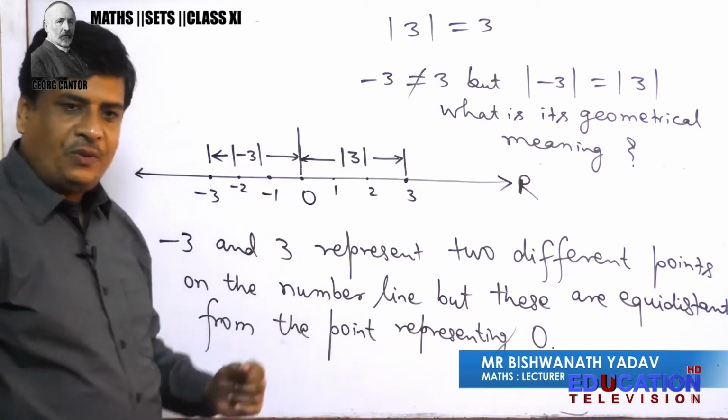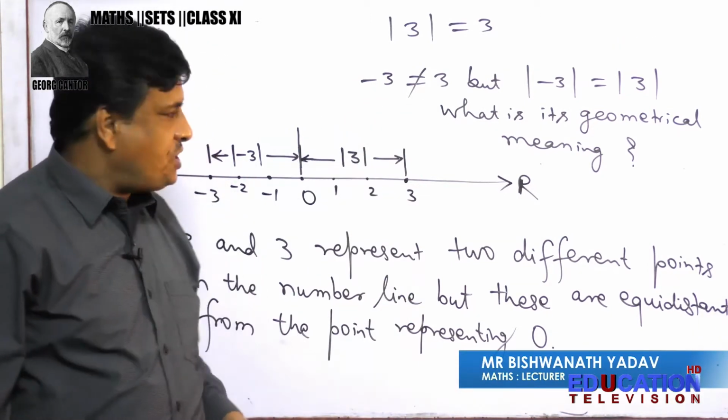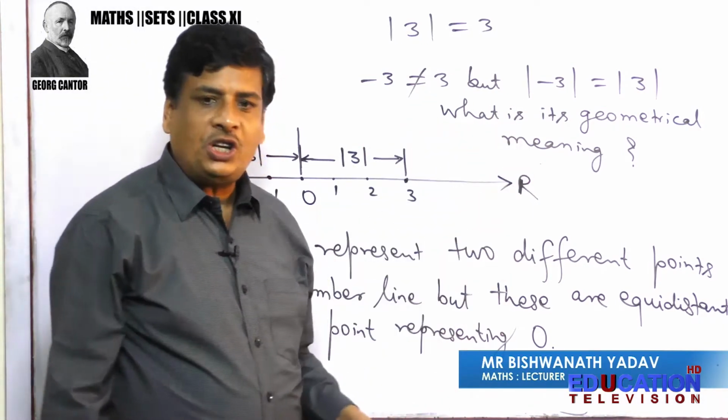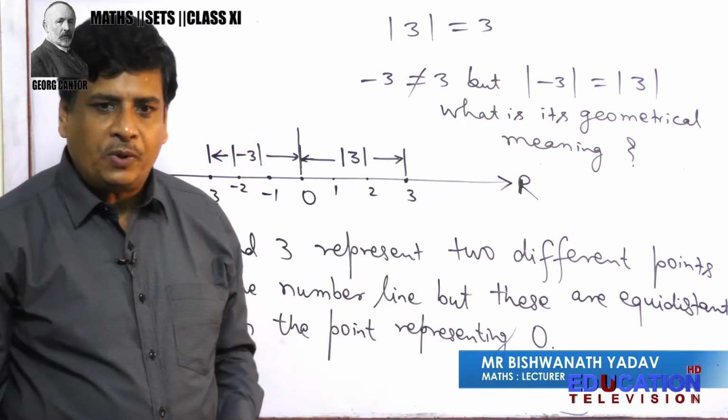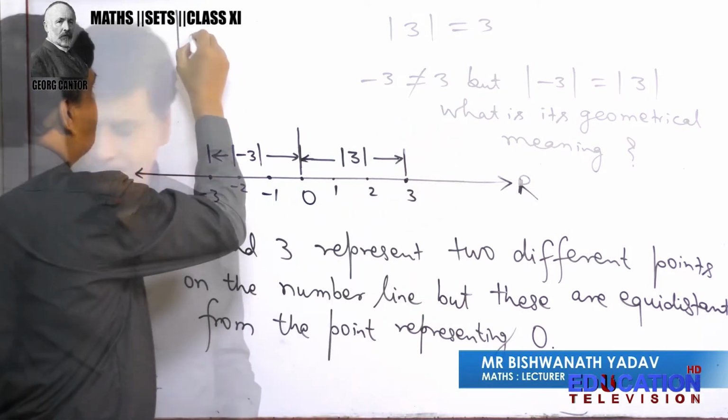So that we observe in this figure, and it is represented like this. Minus 3 is different from plus 3, but modulus of minus 3 is equal to modulus of plus 3. So this is the geometrical meaning of this relation.